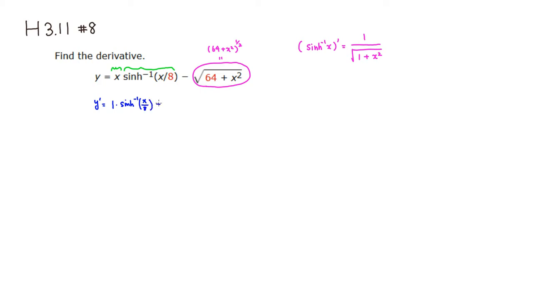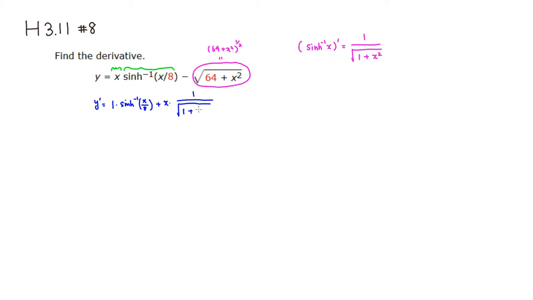Plus, the first guy is x, multiplied by the derivative of the second. Remember that the derivative of the hyperbolic sine inverse of x is 1 over square root of 1 plus x squared. So what we need to have is 1 over square root of 1 plus, but here the inside function is x over 8.